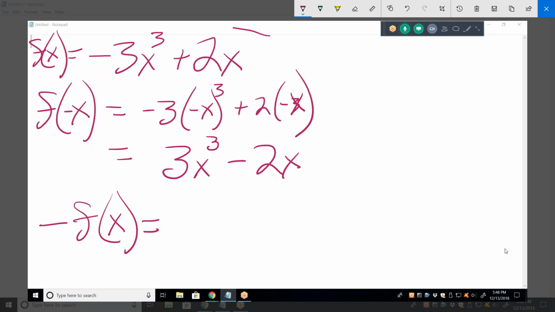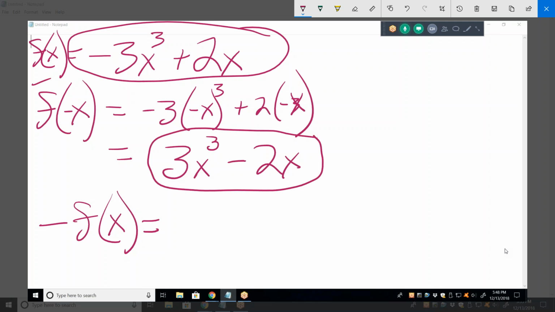If this is f of x, what's negative f of x? So the 2 steps are to substitute x for negative x, and then... No, the other way around. The first step is always substitute negative x for x. And then see what you have. Now, the second step is to see if that is either f of x or negative f of x.